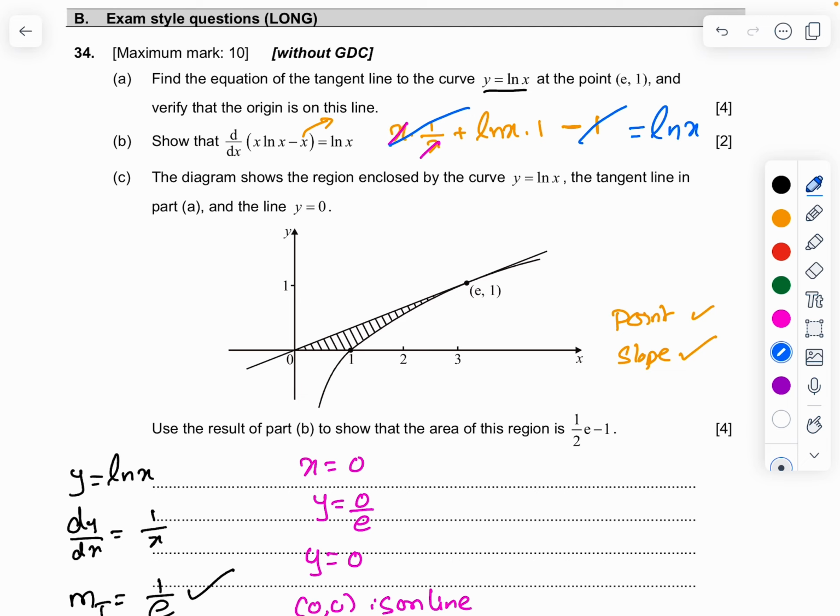The area is bounded by y equals ln x, the tangent line, and y equals 0.